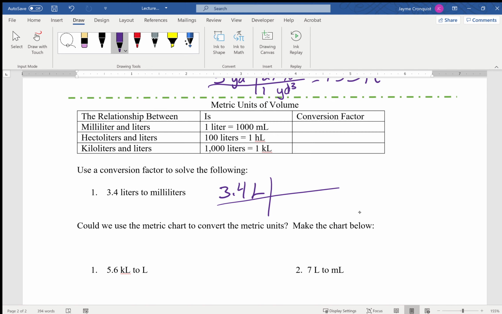And so in 1 liter, we have 1,000 milliliters. So I'm really moving my decimal place 3 units. So 1 liter is 1, 2, 3. So it's 3,400 milliliters.